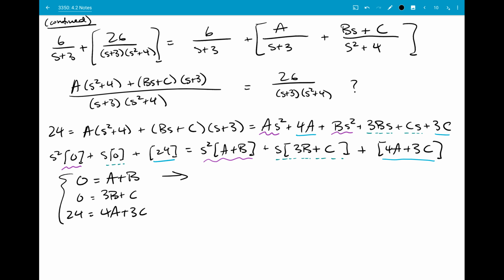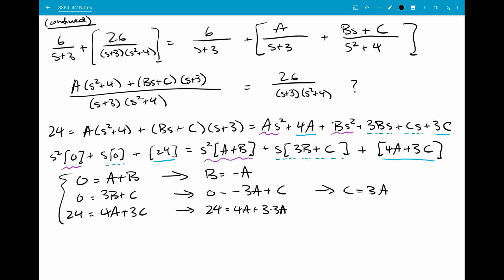That's going to give me that, let's see, I think it'll be easier to do B is equal to minus A. So that means that 0 is equal to minus 3A plus C, or C is equal to 3A. That means that 26 is equal to 4A plus 3 times 3A.